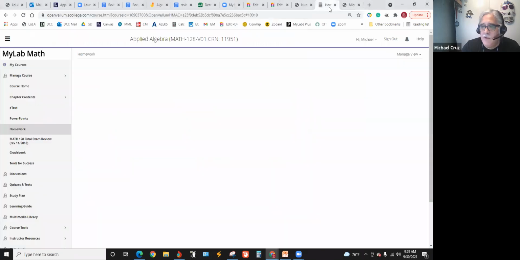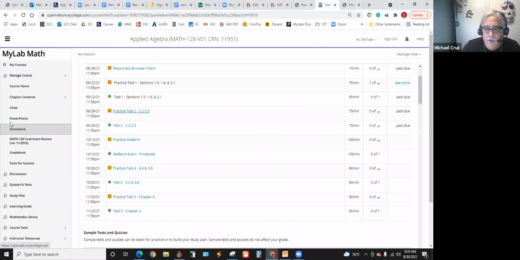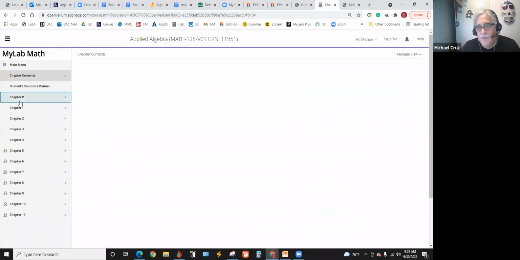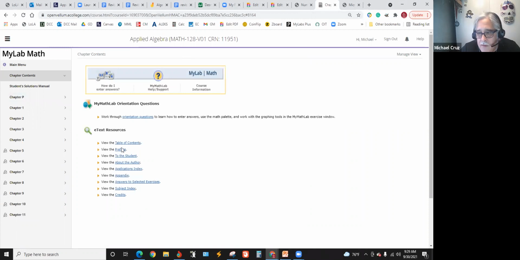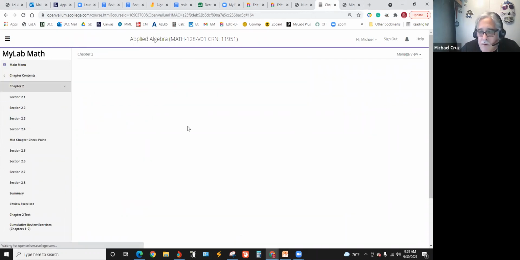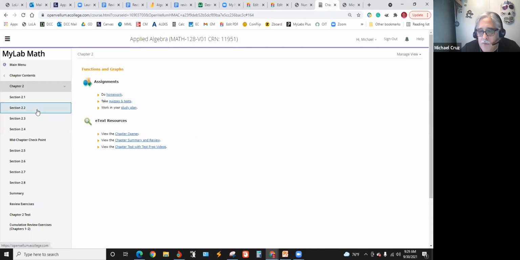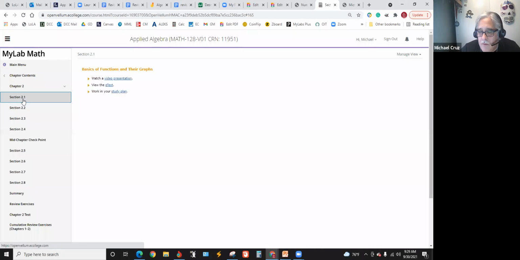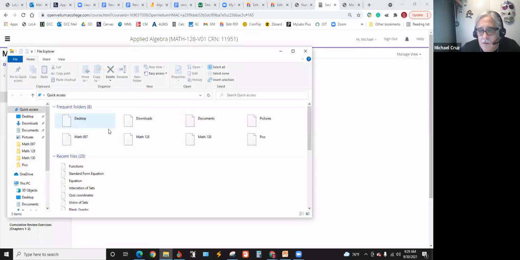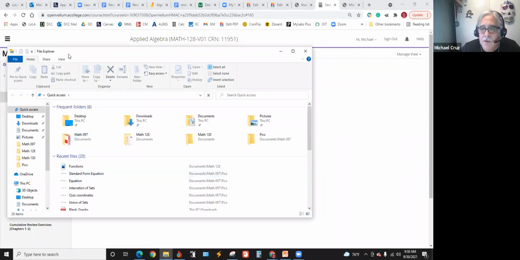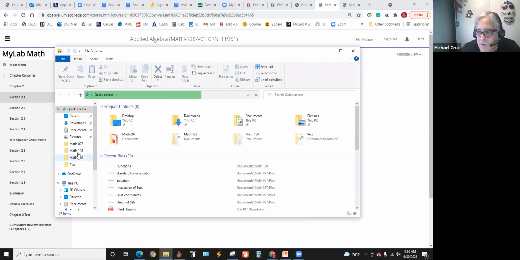I want to get that definition for you. Let's look at the section with that in it. I want to just make sure you get the formal definition so you see what I'm talking about.